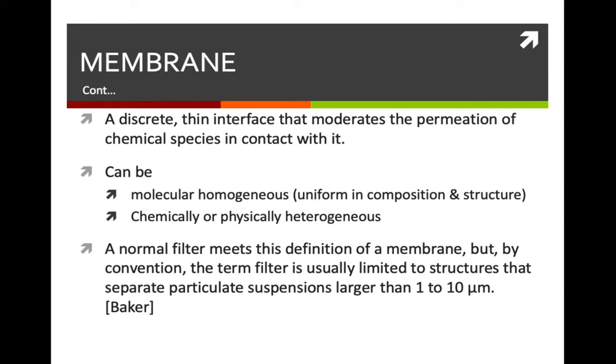The definitions seem to be the same, and through convention it is almost the same, separating. But a filter is normally limited to structures that separate particulates larger than 1 to 10 microns. However, a membrane can separate much smaller particulates, even up to ions, monovalent ions.